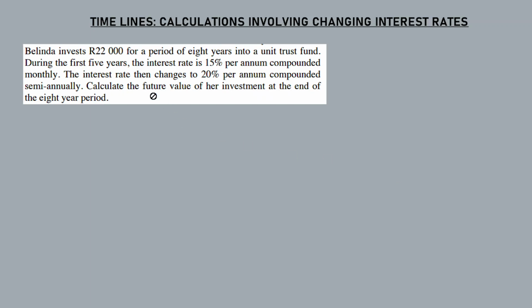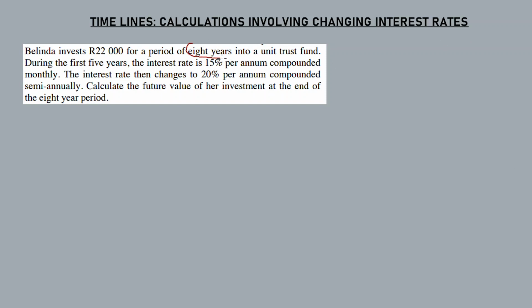Now, Belinda invests 22,000 rand for a period of 8 years into a unit trust fund. During the first 5 years, so it's an 8-year period investment. You bega for how long? 8 years.